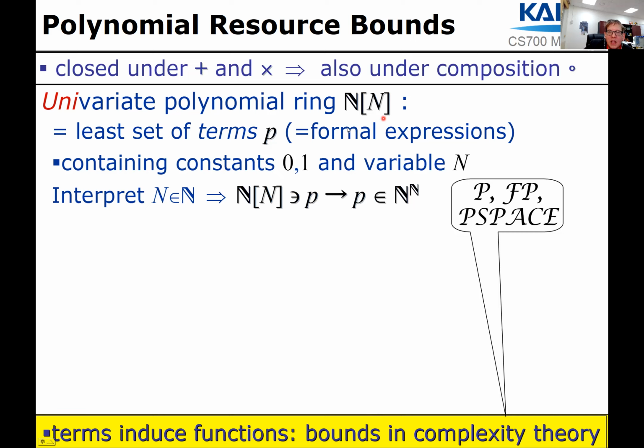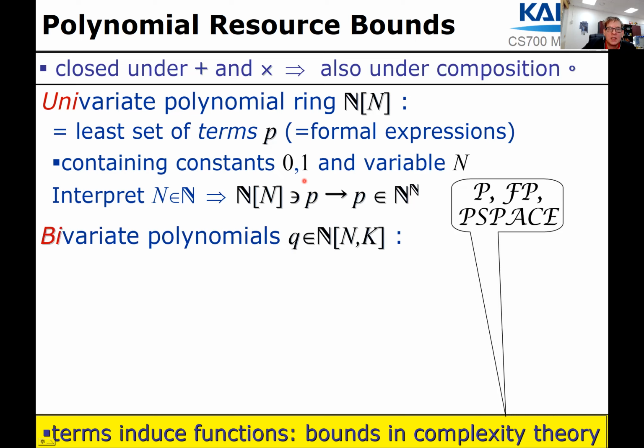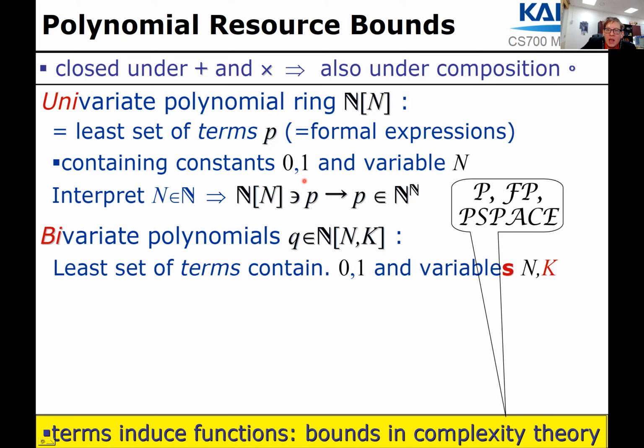One parameter n, as here, the binary length of the input, for example polynomial in the binary length of an input, but there's also another parameter, which we often call k, such as the tree width or the size of a vertex cover. That's what we covered in fixed parameter complexity and parameterized complexity. And here the resource bounds are bivariate polynomials, right? So polynomials that may depend on n and may depend on k, two variables, right?